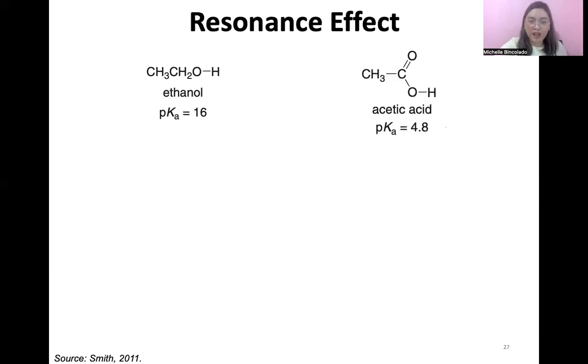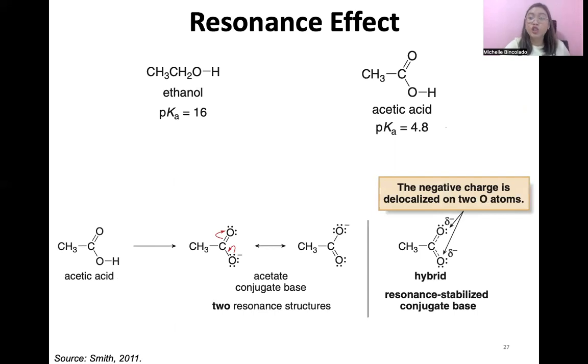There's another one. Ang tinatawag guys na resonance effect, for sure familiar kayo because you know what resonance structures are, di ba? So based on their pKa values, acetic acid is the stronger acid. Let's look at its conjugate base. Kanina nakita niyo na kasi ang conjugate base ng ethanol.